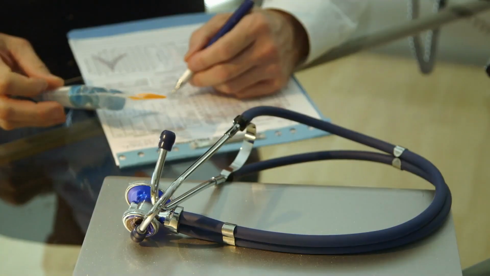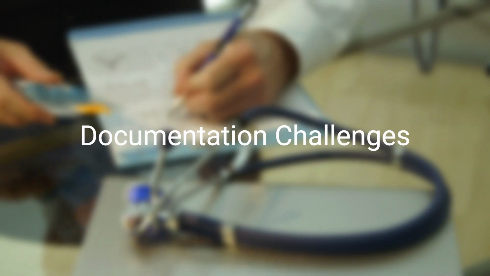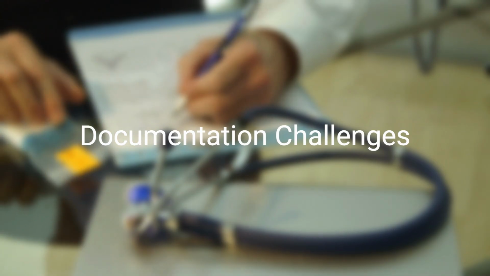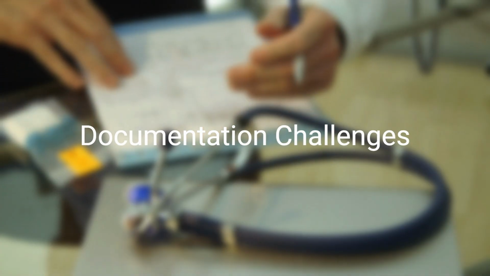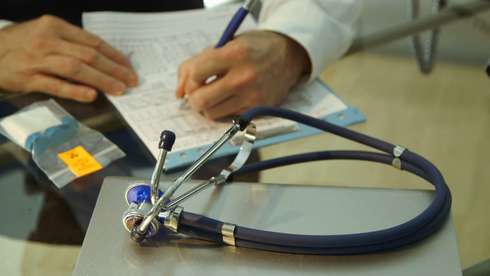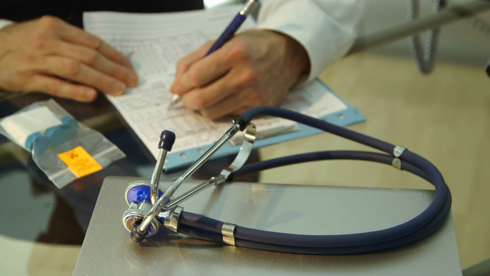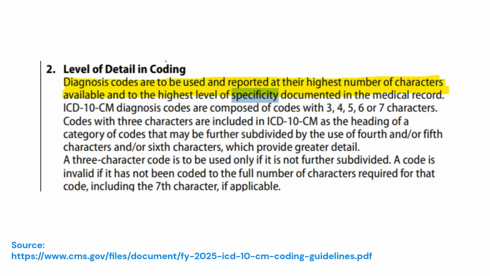efforts. One of the most common challenges for assigning ICD-10-CM codes is sometimes related to provider documentation. Many times, an acute stroke might be documented as simply acute stroke without any further specificity. ICD-10-CM requires specific codes for different types of strokes, whether they're ischemic, hemorrhagic, or transient, and their location, such as specific arteries or brain regions.